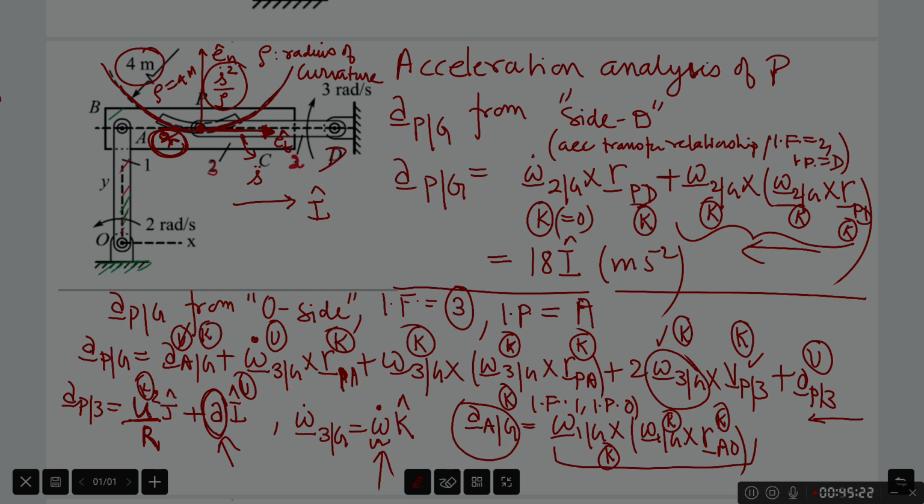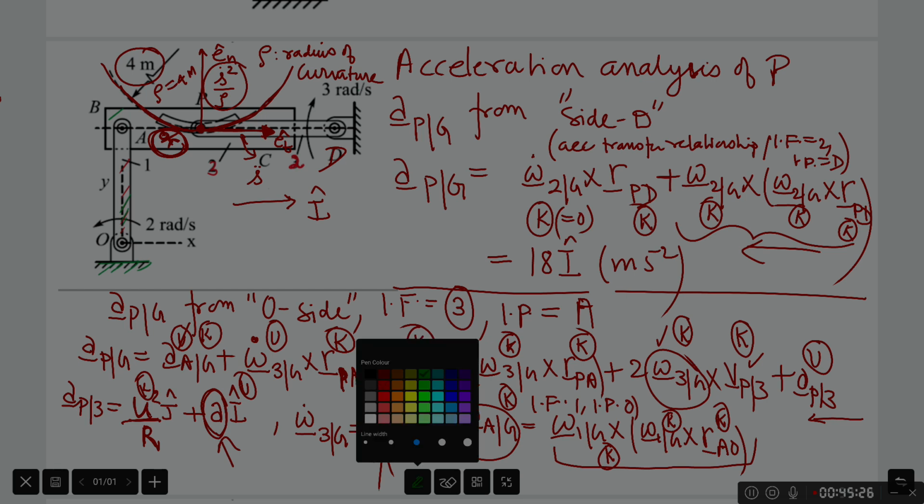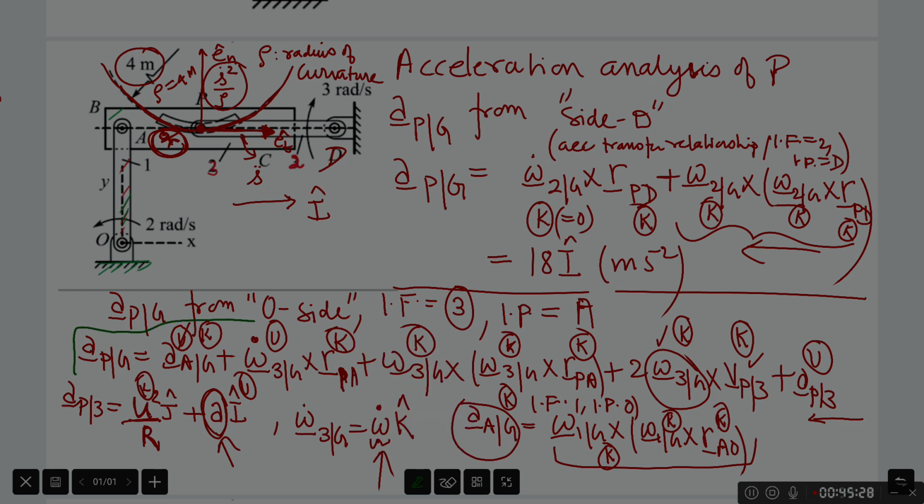So now we have an expression for APG, this expression, rather long one. I have an expression for APG in which most of the quantities are known, they are marked as K. Some quantities are marked as unknown.